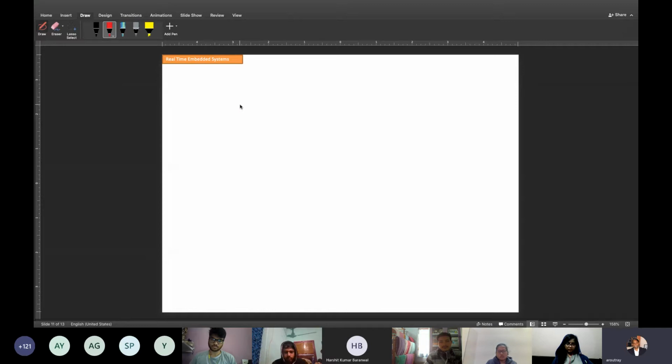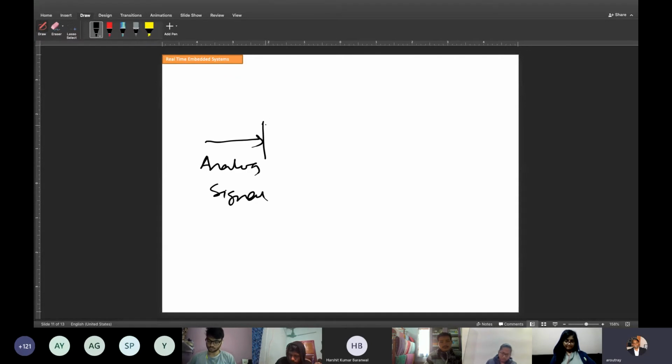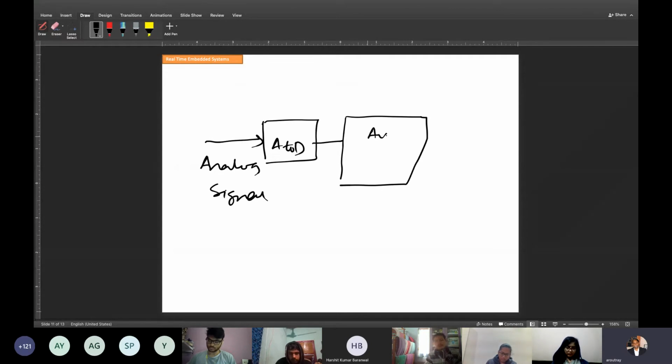So this digital filter, what you are trying to do: you have got the analog signal, and you have got this A to D conversion, analog to digital. Then you have got this computer, the AVR microcontroller with memory, and the algorithm will be the digital filter, DF.